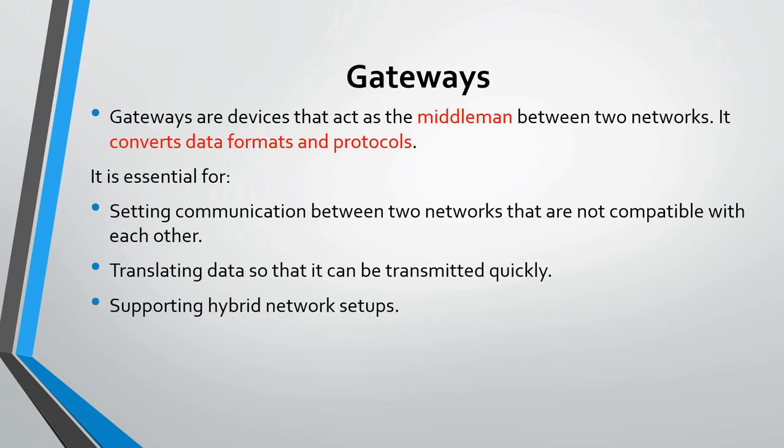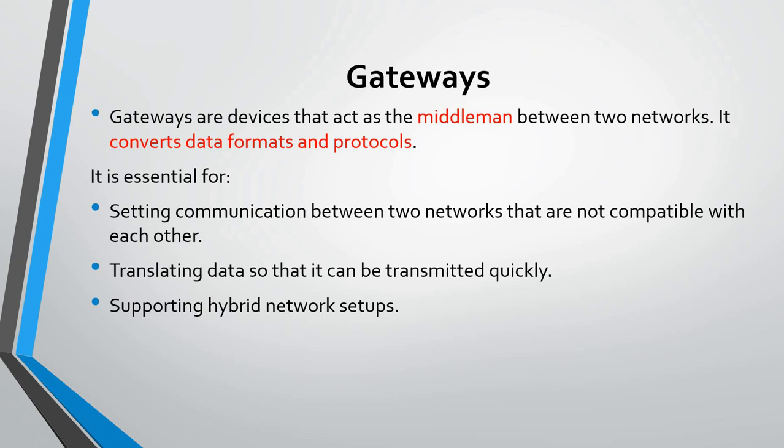Next comes the gateway. A gateway can act as a middleman between two networks. That is, it converts data formats and protocols, because it connects two networks using different protocols, and translates the communication between them.